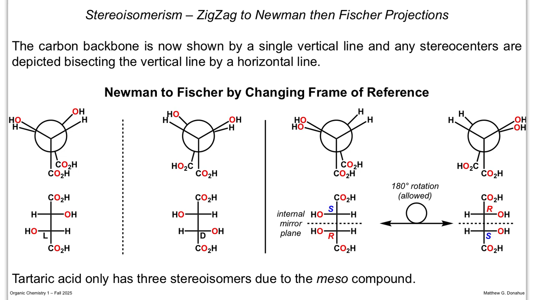So I talked about that big D, big L, little d, little l nomenclature. The little letters correspond to the rotation of plane polarized light in polarimetry. The big letters are a stereochemical designation relating to, and now bear with me, I need to put some numbers in here.